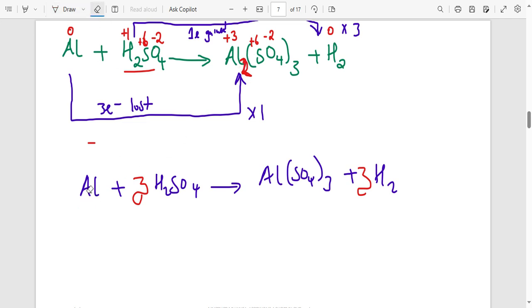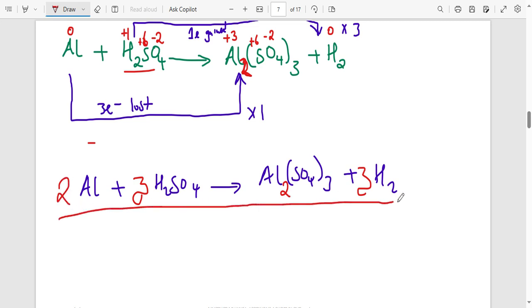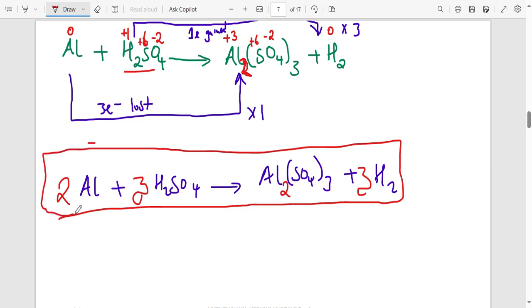Now, after I multiply by the 3's, you can see this aluminium is not balanced. So after you balance by multiplying, now you balance by inspection. Already there are 2 aluminiums on the product, so just put a 2 in front here. So you also need to balance by inspection after you are done with multiplying with the numbers that you are talking about.